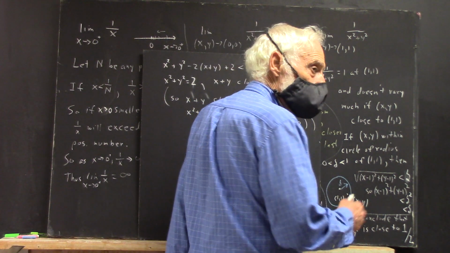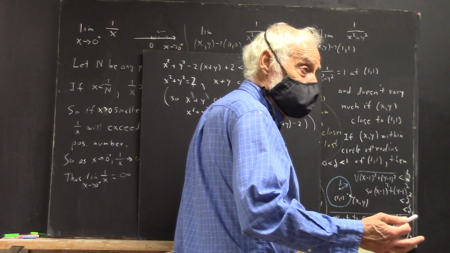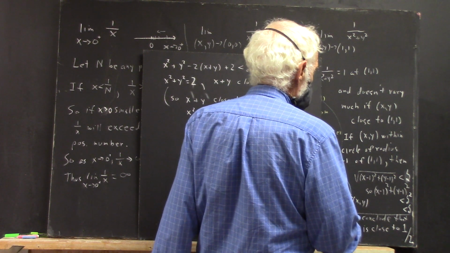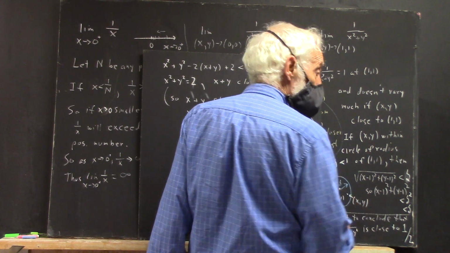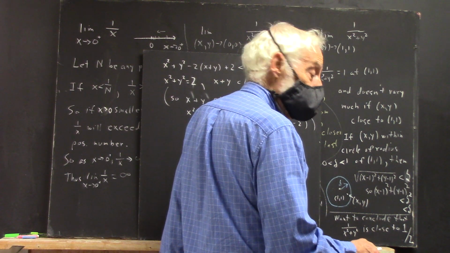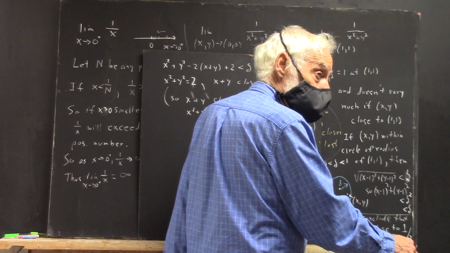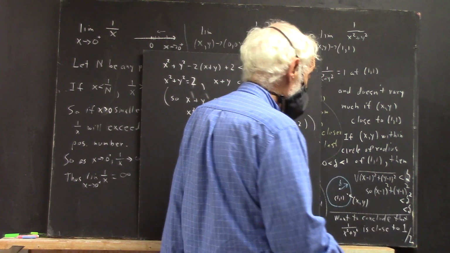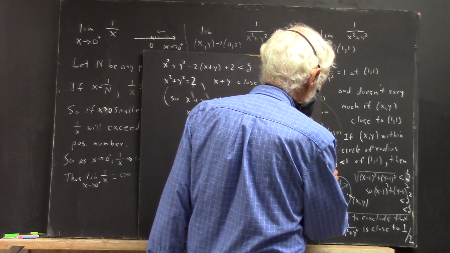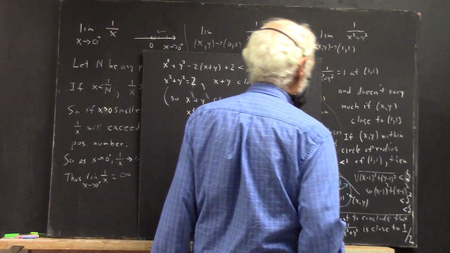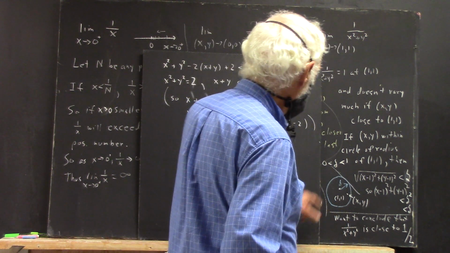The line x plus y equals constant, but any line where x plus y is constant makes a 45-degree angle with the coordinate axis and has a negative slope. So here's a line x plus y equals constant.